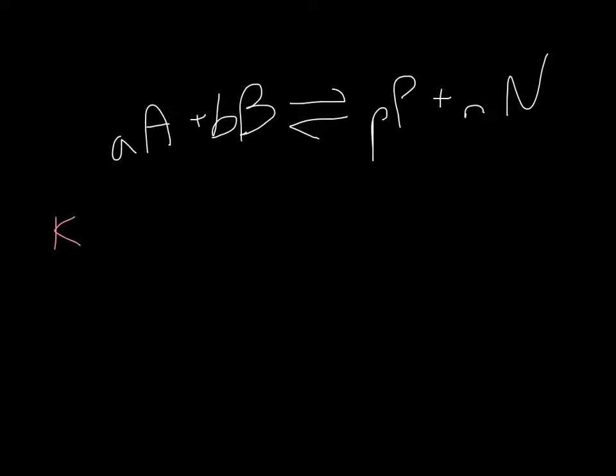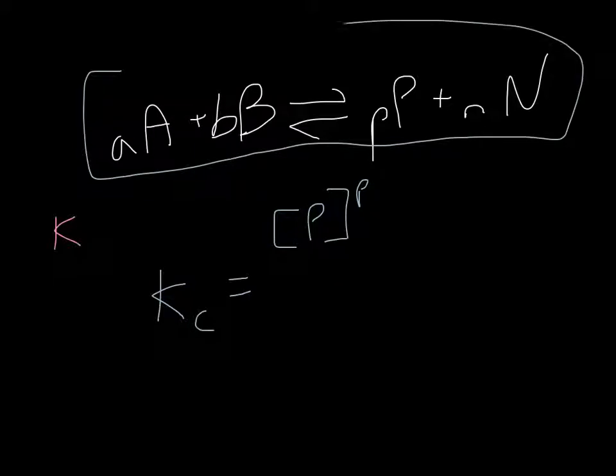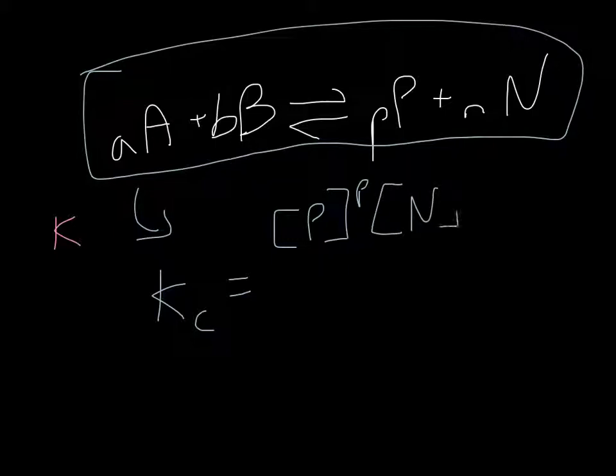But here's how I'm going to write the expression first, and then I'll explain it. The equilibrium constant is equal to [P] to the p, times [Q] to the q, over [A] to the a, times [B] to the b. It's for this reaction up here, by the way.